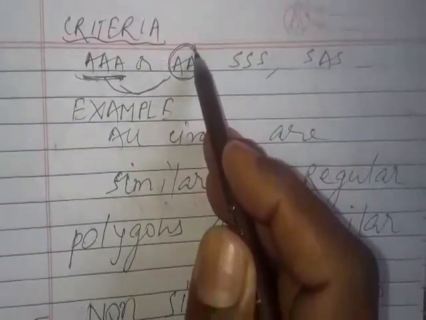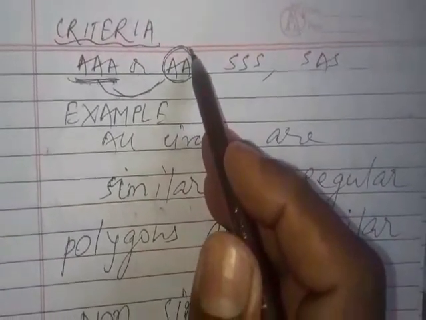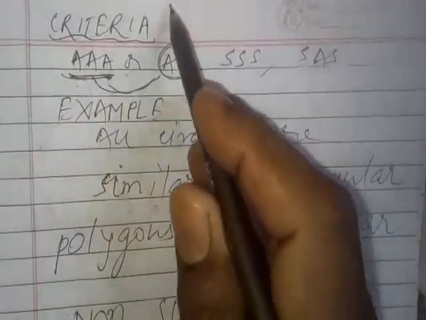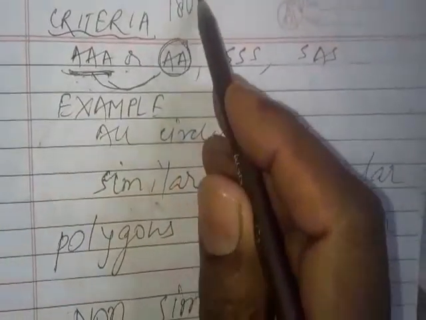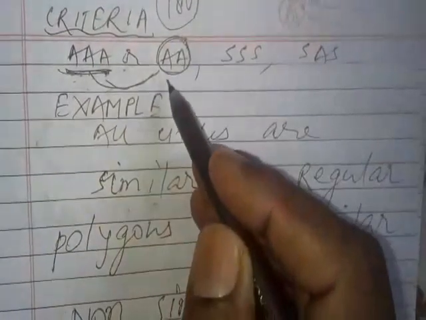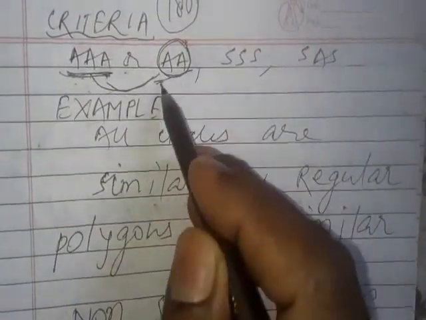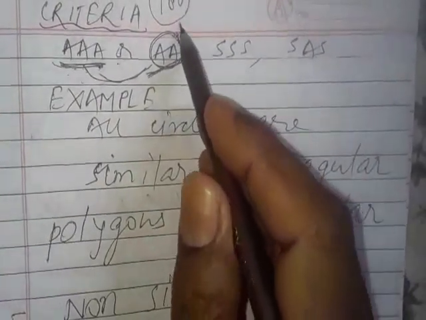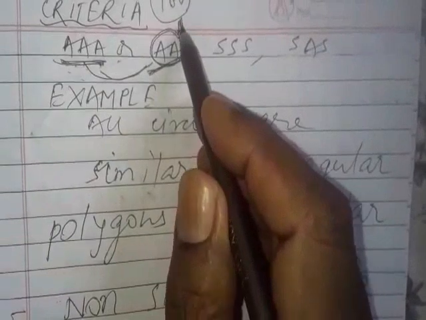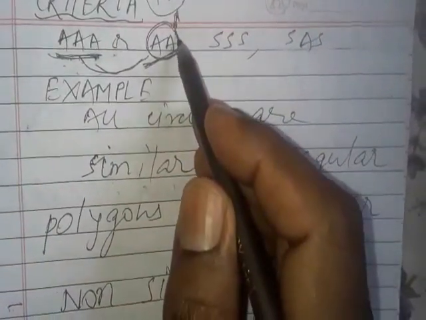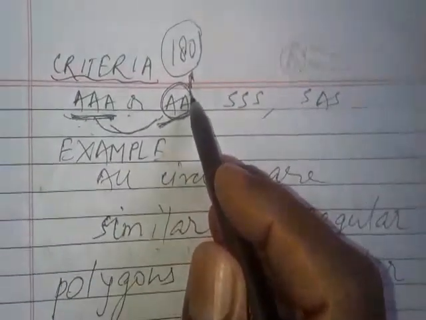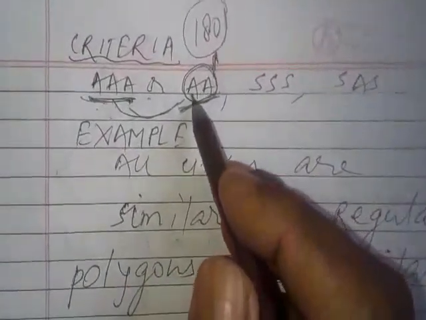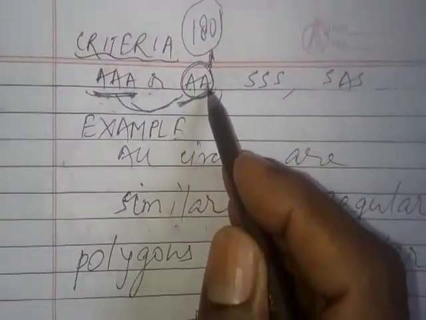Why is it so? It is so because the sum of all three angles of a triangle is equal to 180 degrees. So if in two different triangles any two angles are correspondingly equal, then the third angle will automatically become equal, because the third angle equals the difference of 180 and the sum of the two remaining angles which were equal.